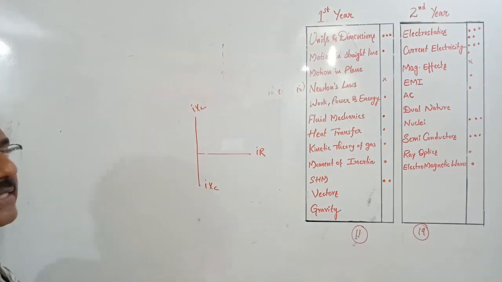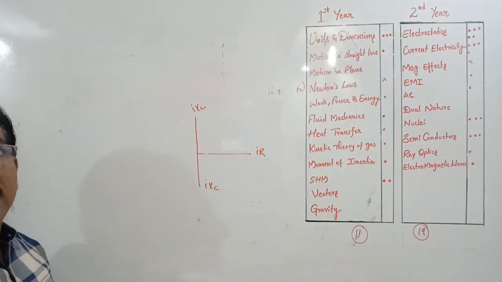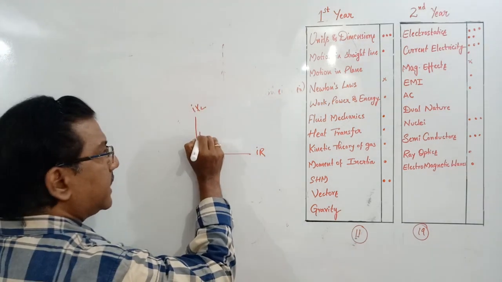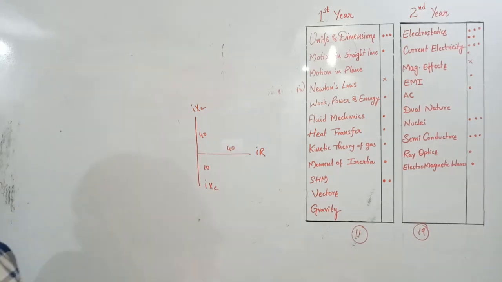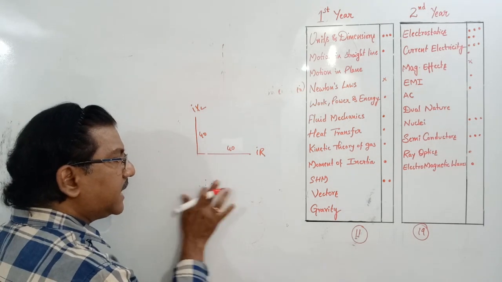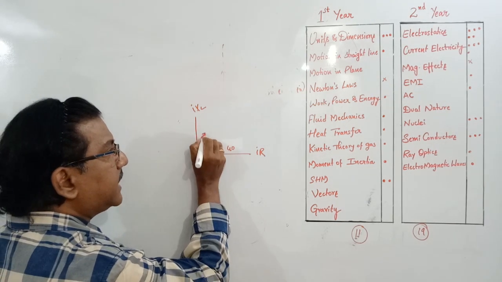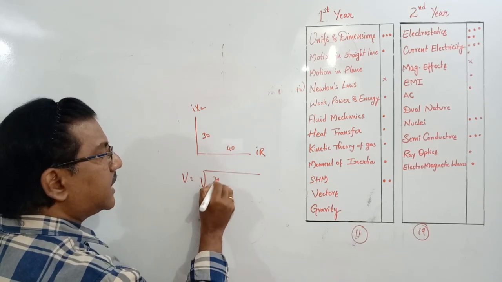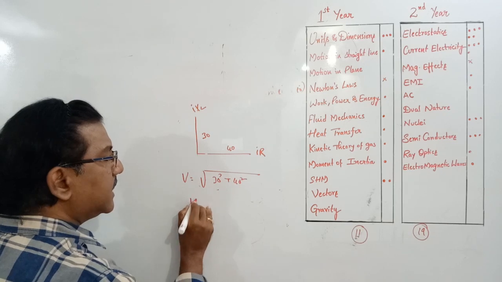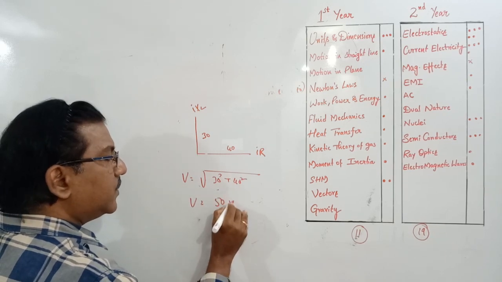Current is leading, voltage is lagging. Hope you know this. Here it is given 40, here it is given 10, and here it is given 40. V. So they left 30 over here, that is 90 degrees to one another. So resultant V is equal to root of 30 square plus 40 square. V is equal to 50 volts.